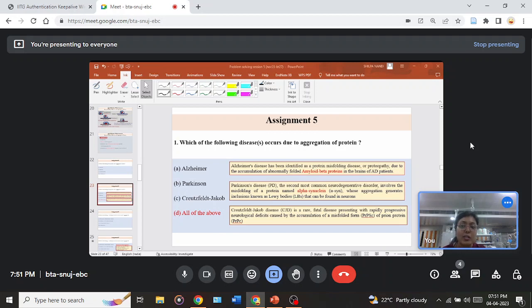So why Alzheimer's or Parkinson's or Creutzfeldt-Jakob occurs, particularly due to these misfolded or conformational changes in the protein. So you will see what Alzheimer's basically is.